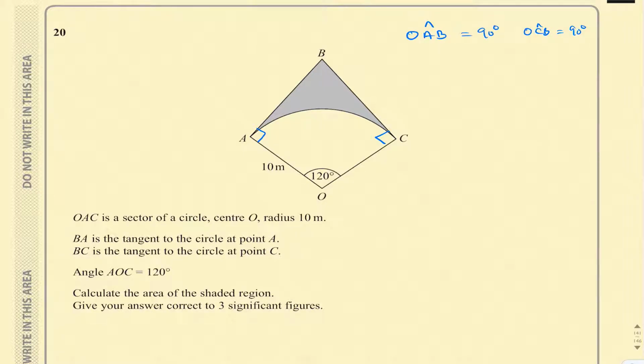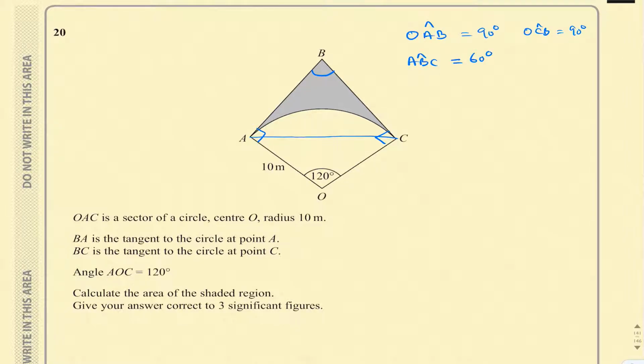Next, we need to find the angle ABC. If I draw a line across there, the angle ABC will be, if this is 90, 90, and 120, equal to 60 degrees, because the total angle in a kite is 360 degrees.